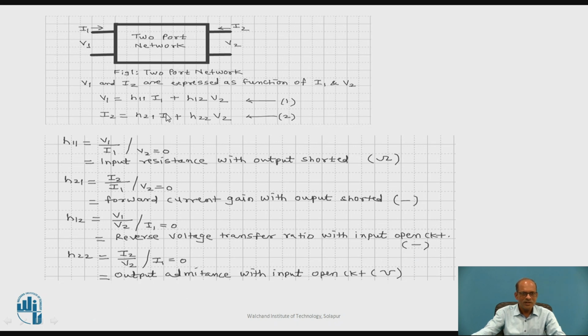Then open circuiting the input and use of equation number 2 we get H22 equal to I2 by V2 with I1 equal to 0. So it is a ratio of I2 by V2, current by voltage, therefore at the output port, and therefore it is output admittance with input open circuit.